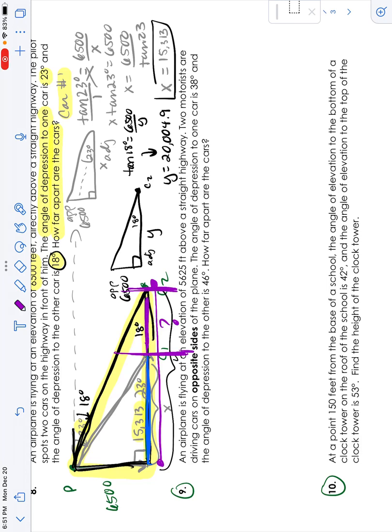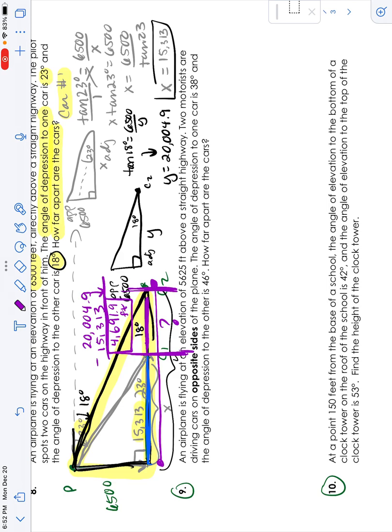How far apart are the two cars? Well, since one of them is 20,004.9 and the other is only 15,313 away, I simply subtract those two and I end up getting 4,691.9 feet.